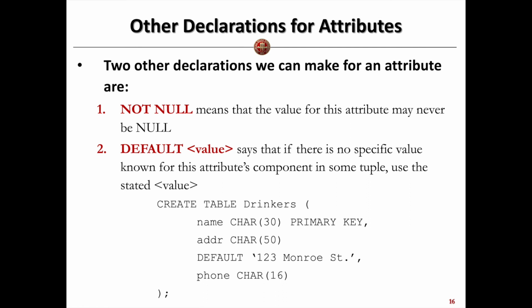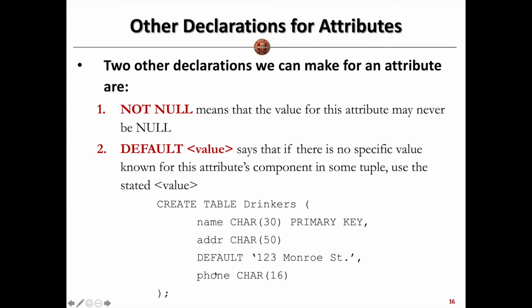At the bottom, we have an example, right? We create a table for drinkers. This drinker denotes some people who drink some beers, right? It covers several attributes. The first one is the name of a drinker. The name is a char 30. We will declare the name of a drinker as the primary key. The address of a drinker is also a char 50. It will be a string of 50 characters for the address of a person.